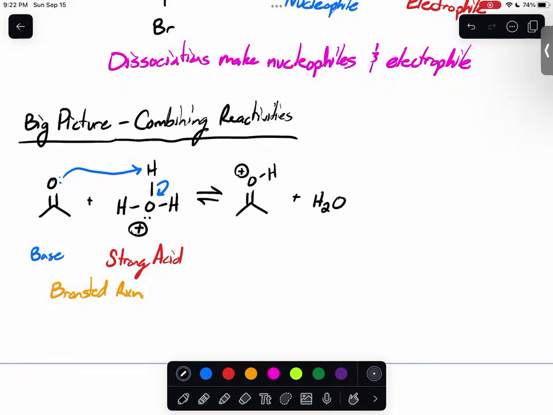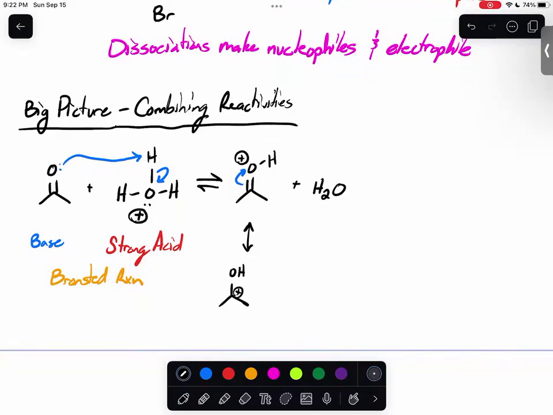And that is, you'll notice that this product that we've generated, the conjugate acid, now has an interesting resonance form, right? It is this positive charge here on the carbon. And this isn't necessarily the major resonance contributor.